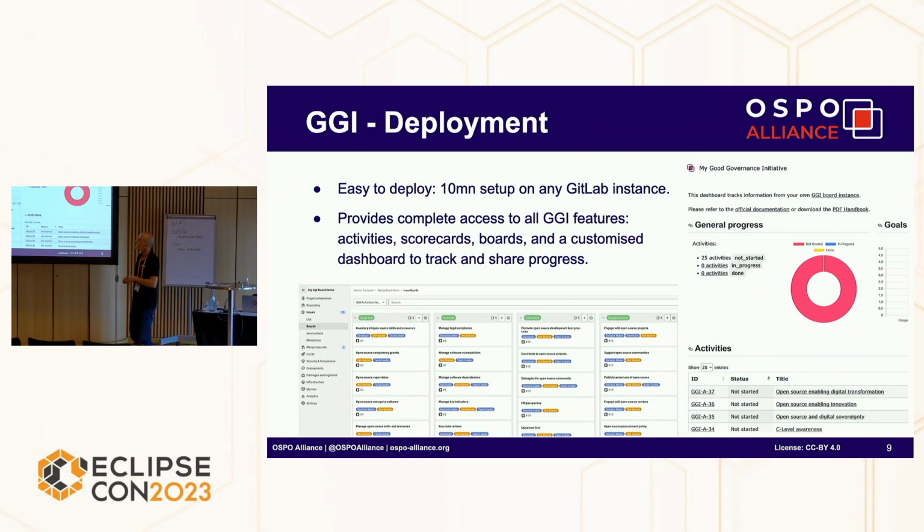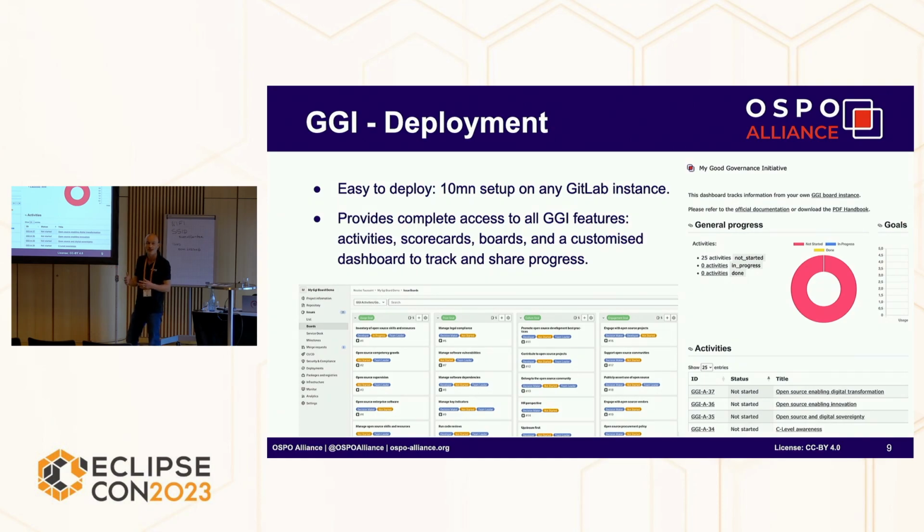We also propose a deployment feature. It's basically a GitLab project that you clone to your own GitLab instance or whatever GitLab instance. And that will automatically create all the activities as issues, which is very handy because then you can start organizing them in sprints.